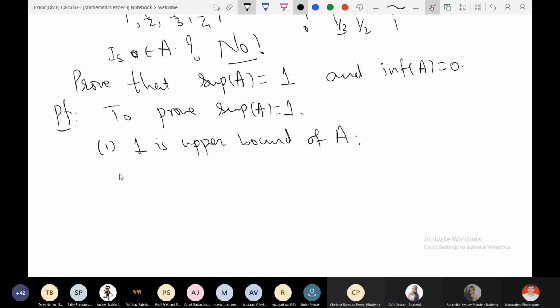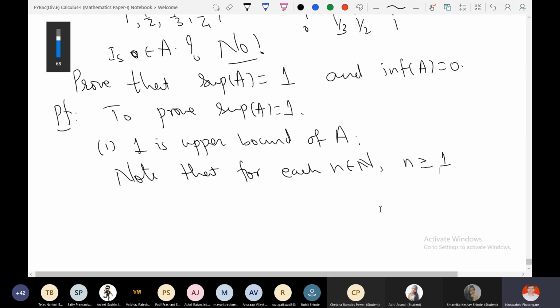So note that for each natural number, n is greater than or equal to 1, right? Every natural number is greater than or equal to 1.